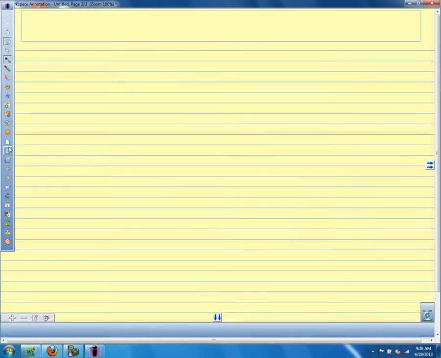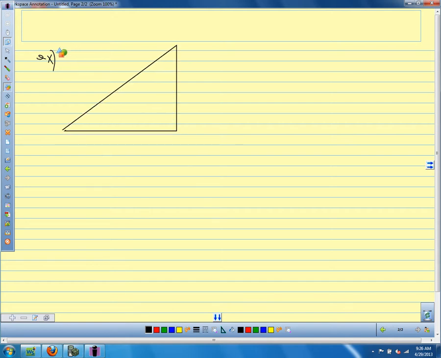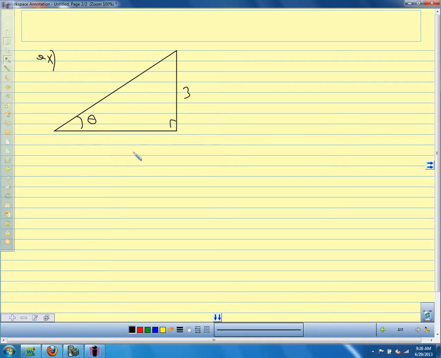If we know the sides of the triangle, finding the ratios is really easy. All we have to do is write the ratio down. So here's our triangle. And here's our angle. And I'm going to make this a 3, 4, 5 triangle.